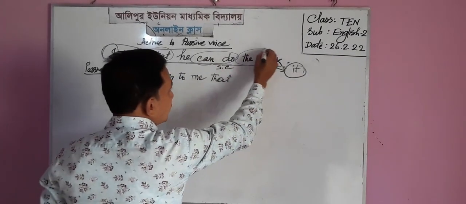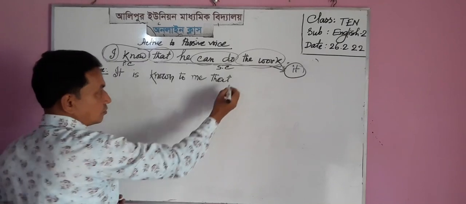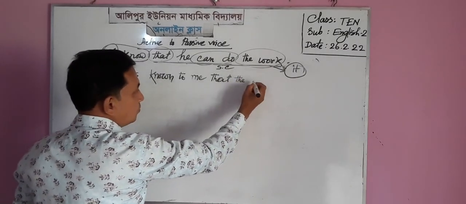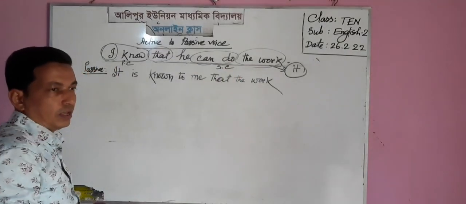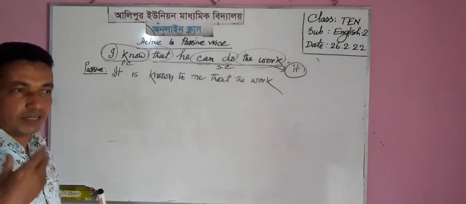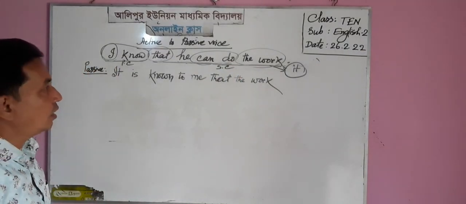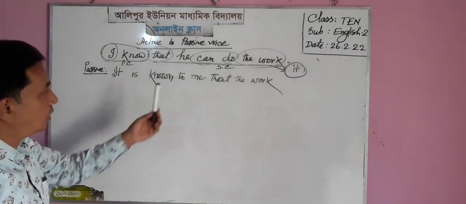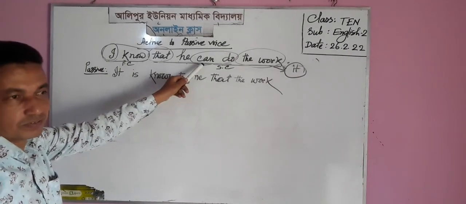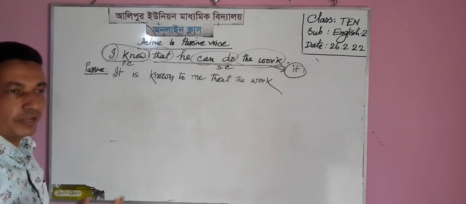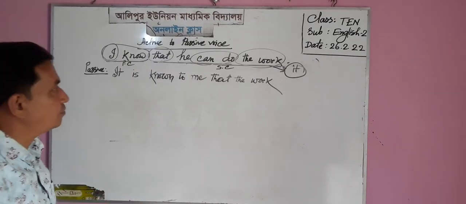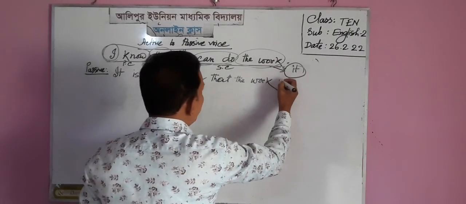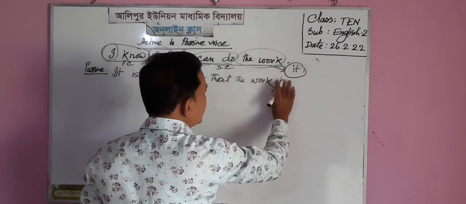Here the work is the object, so the work will be written here. If there is any modal auxiliary, at the time of taking the modal auxiliary we must change it into passive voice by adding be. So can becomes can be.